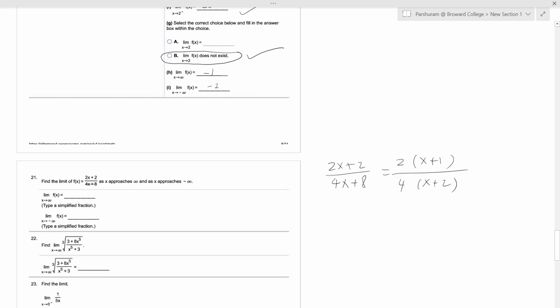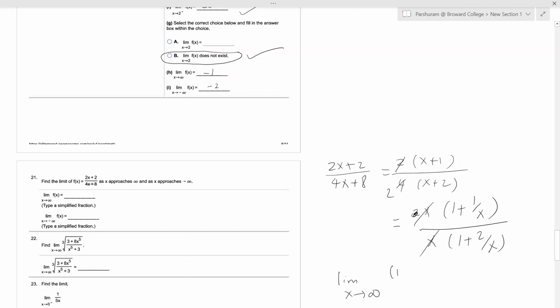When x approaches infinity, what you can do is factor out x one more time here. So it will be 1 plus 1 over x, and 1 plus 2 over x. This x and this x cancel out. When x approaches infinity, this second part on the denominator would be 0, and this part would be 0.